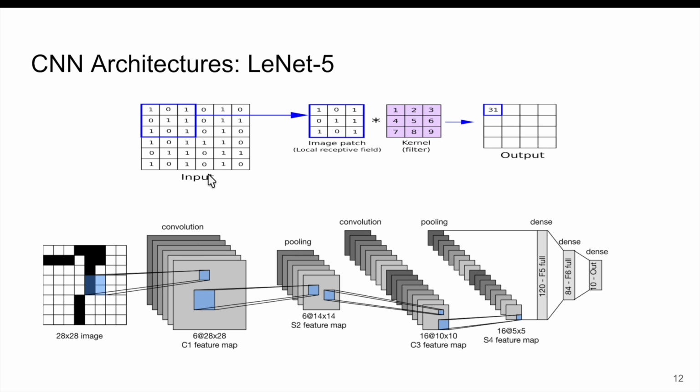After that, we have a specialized network which works on the MNIST dataset and detects the digit given over here, and that is the LeNet-5 network, which has two layers of convolution and pooling, followed by a dense network of 120 neurons, then 84 neurons, and finally the 10 outputs.